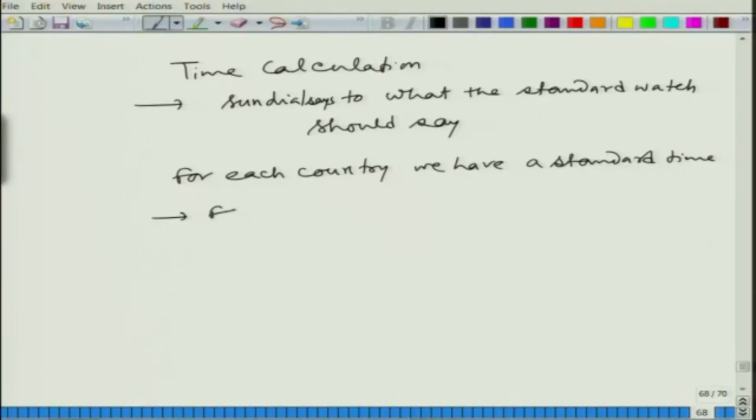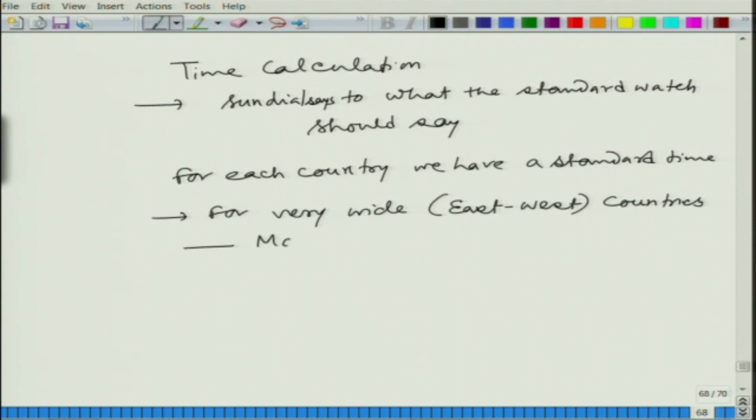So, that is why for countries that are wide in the east west direction, north south does not matter, often they have more than one time zone.